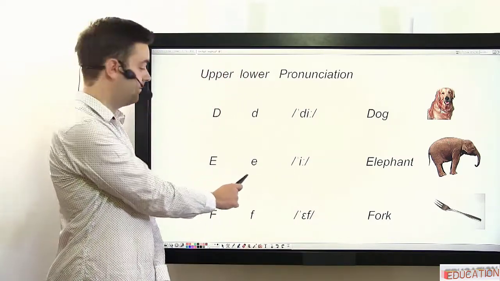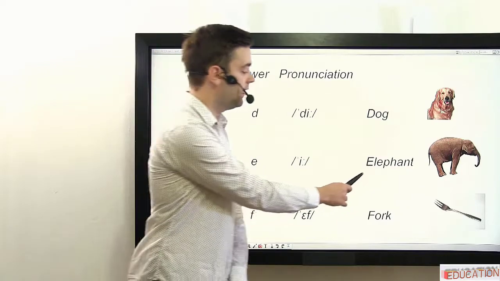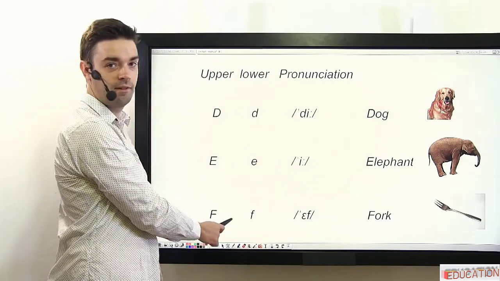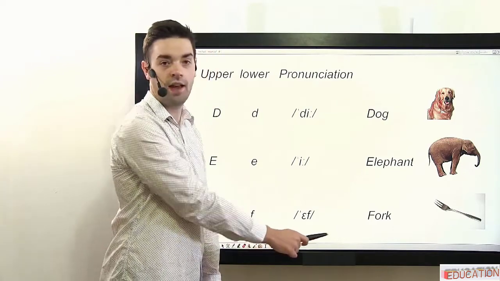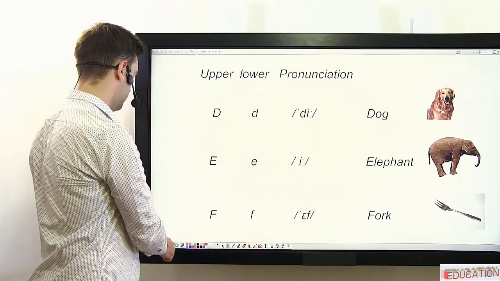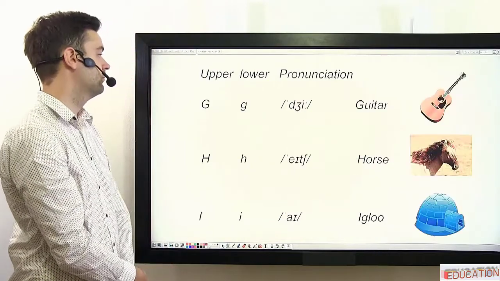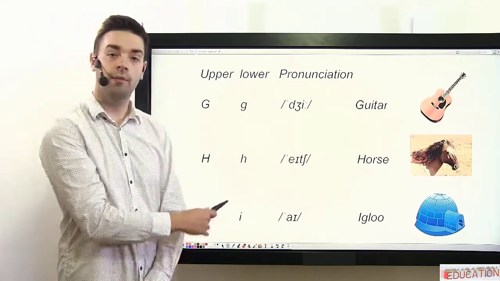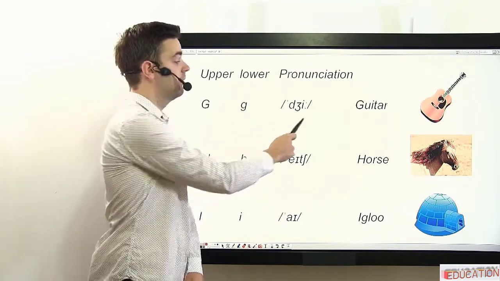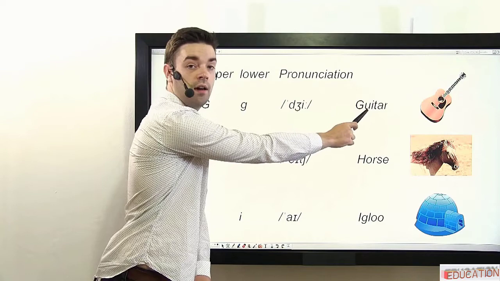E is for elephant. F is for fork. Then we've got G. G is for guitar.